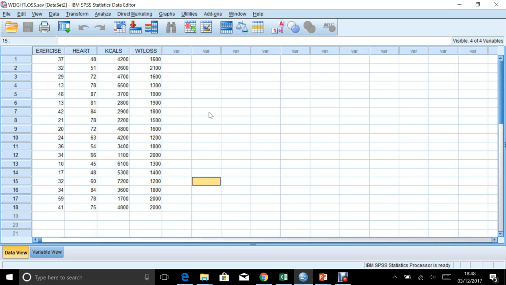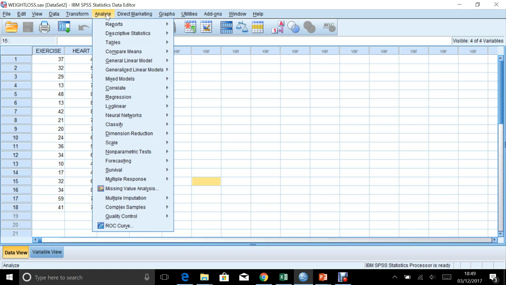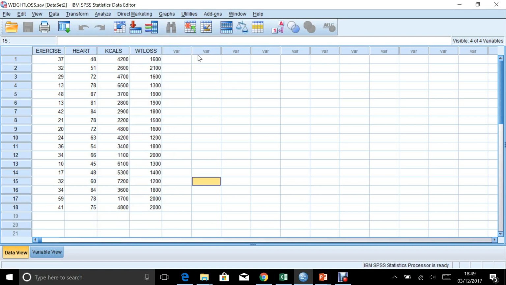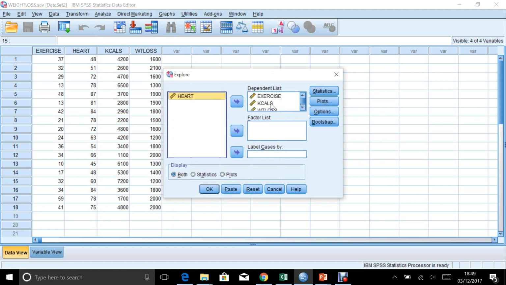So the first thing we're going to do is to explore the data to see if the data are normal or otherwise. To do this, we're going to analyse descriptive statistics, explore, and we transfer all three of our variables. In this example, I'm going to use exercise, food intake, and weight loss.